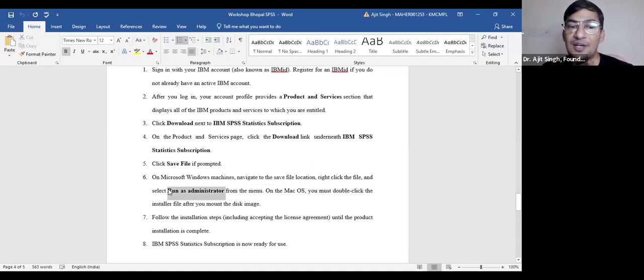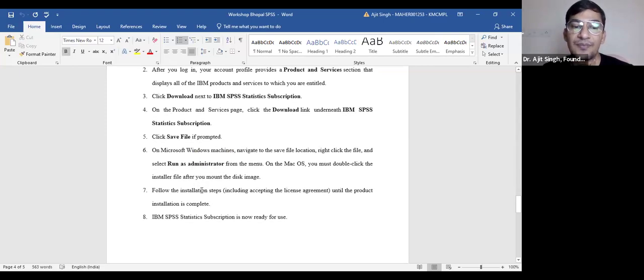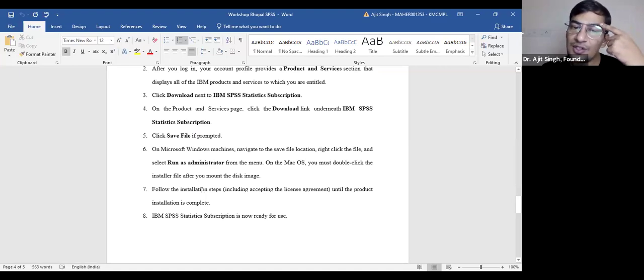On Mac OS, you must double click to install, but on normal Windows, you just run as administrator. Follow all the installation steps and you will be done. Install, guys. Simple.